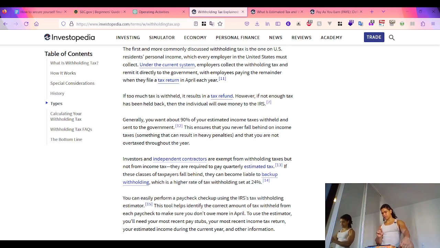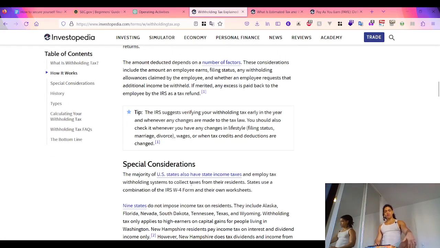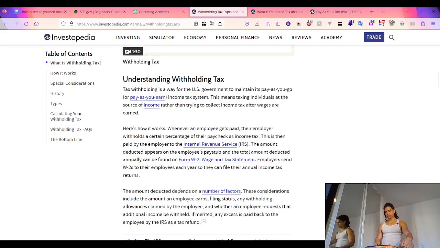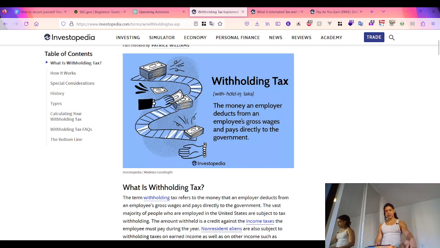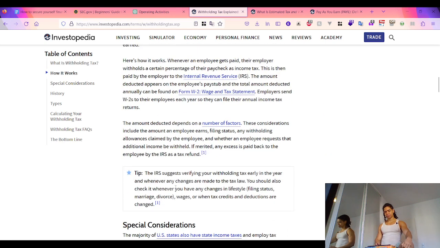Withholding taxes: if you have employees, as a business owner you deduct from the employee's gross wage a certain amount and pay it to the government.